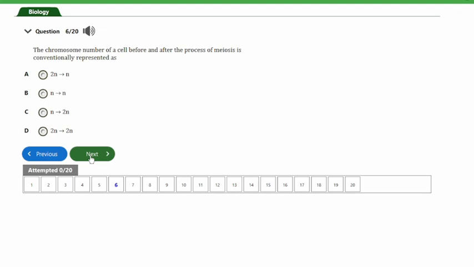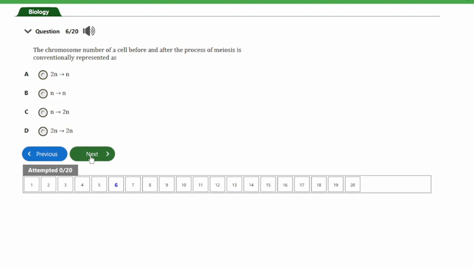The answer is option A, because the number of chromosomes in the parent cell is halved during meiosis. This process is required to produce either the egg or the sperm. Meiosis is carried out only in the sex cells. So that's the correct answer, 2n to yield n.